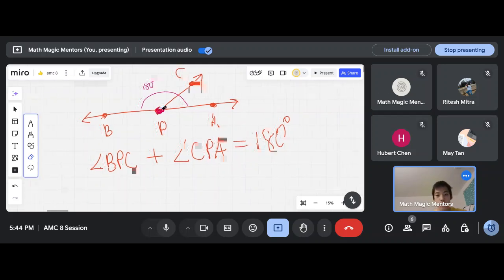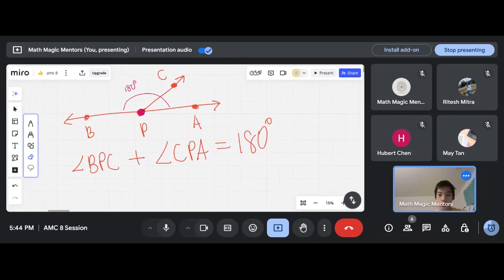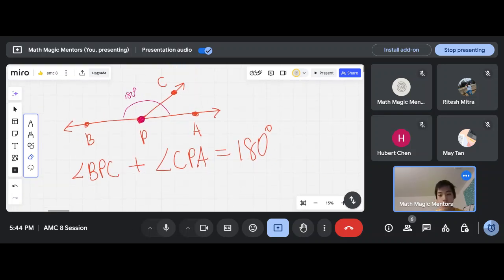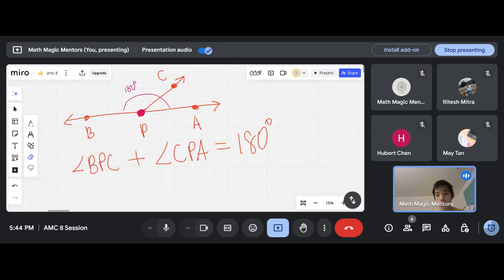And so from this equation, we can actually say that this is one of the relationships that we're going to talk about. And so we're going to say that BPC and CPA are supplementary.